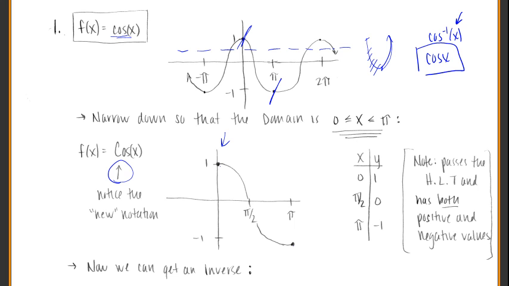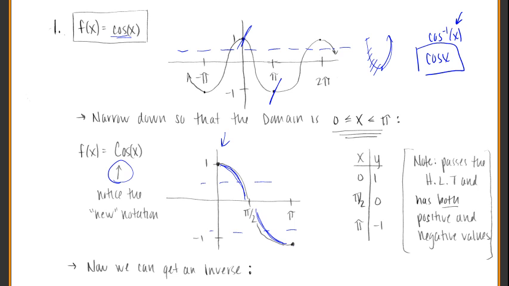Now that we have it from 0 to pi, it has positive values because we're above the x-axis, and it has negative values because we're below the x-axis, so we want both positives and negatives, which makes it a good interval for us to work with. And for sure, it passes that horizontal line test, nothing's going to cross it more than once.